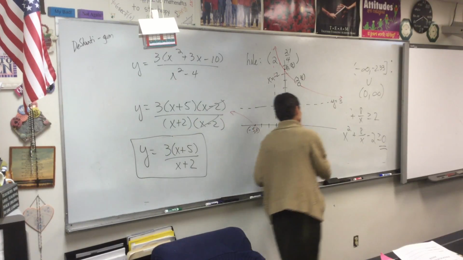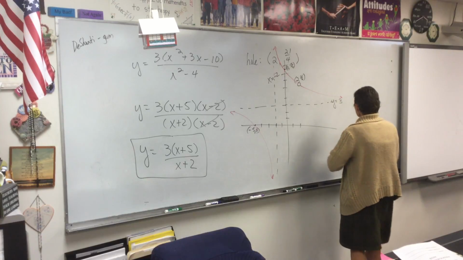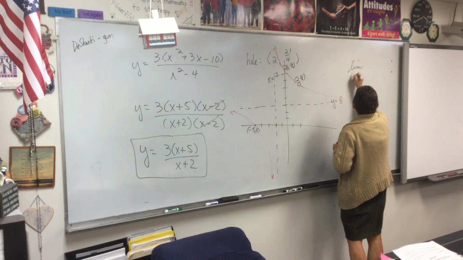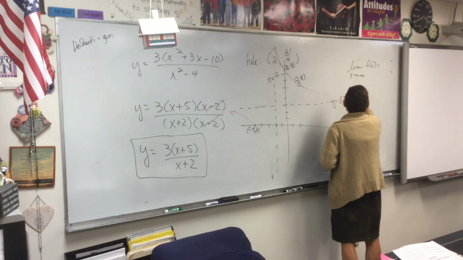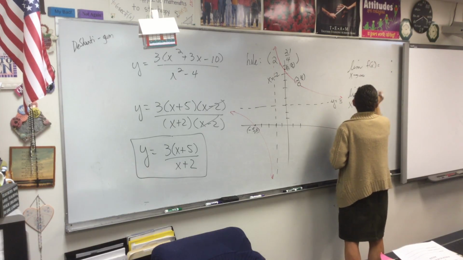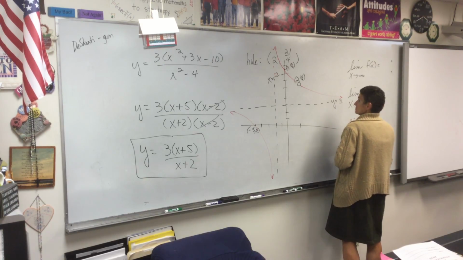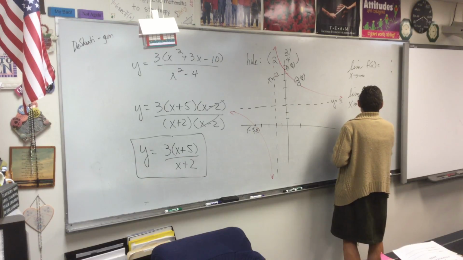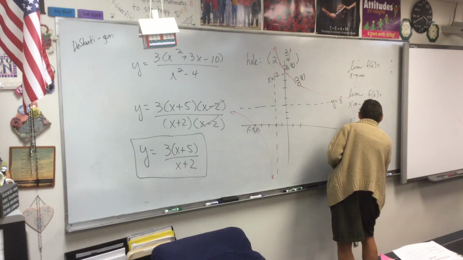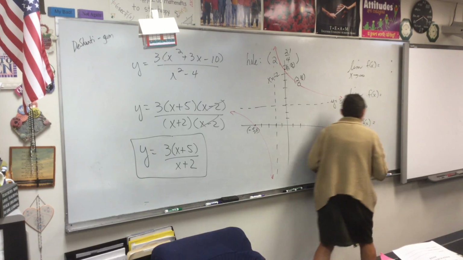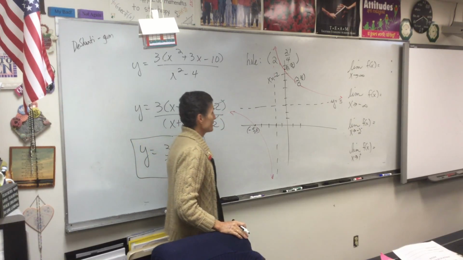While we're here, let me ask you a couple of quick questions about this. These are just extra questions I'm asking you. All right, let's see if we can answer these questions. They're not on the sheet, these are just extras.